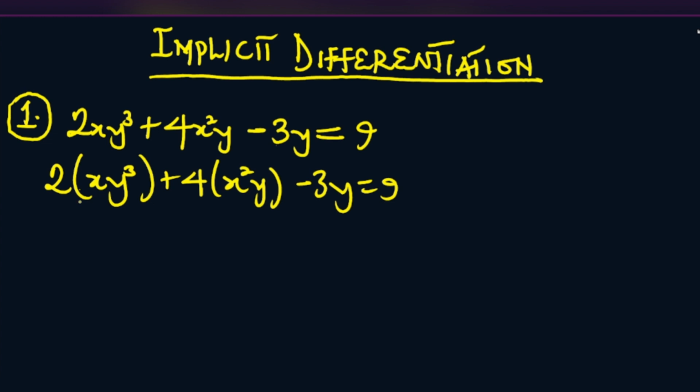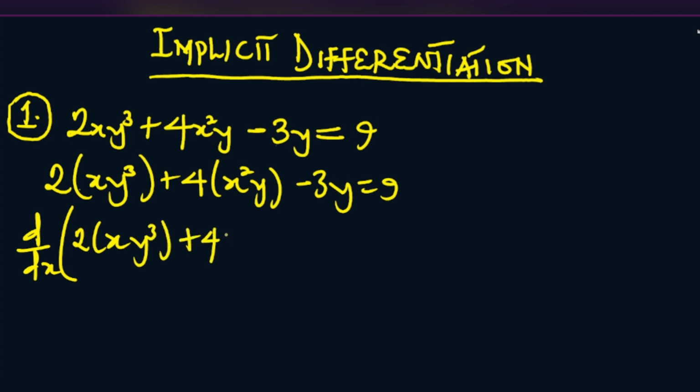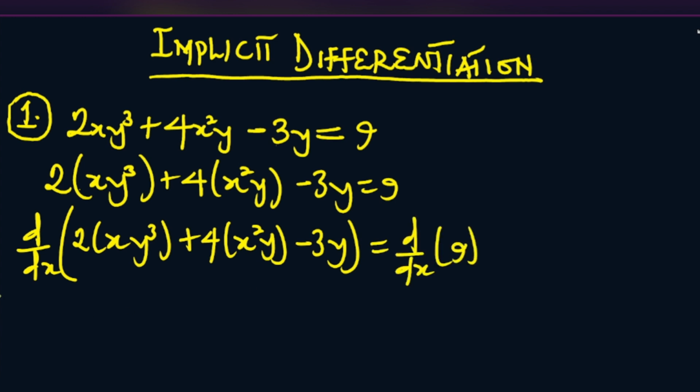And how do we differentiate this side of the equation? We have d dx of everything we have here: 2 times xy cubed plus 4 into x squared y minus 3y, equal to d dx of 9.